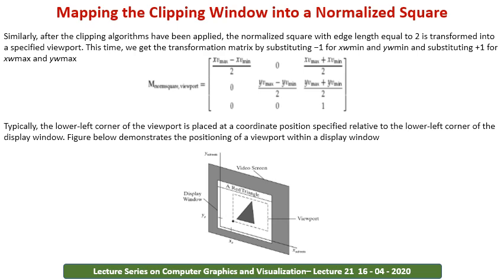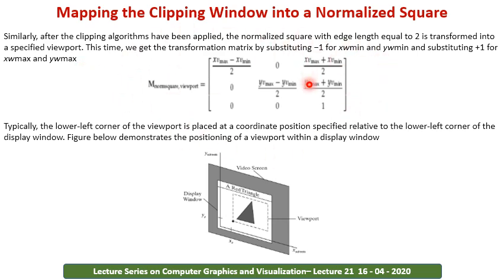So once you are done with all those things, the clipping algorithms must be applied and the normalized square, with the edge length always equal to 2, is transformed into a specified viewport. So we get the transformation matrix by substituting -1 for XW min and YW min and substituting +1 for XW max and YW max, so that we get this matrix.